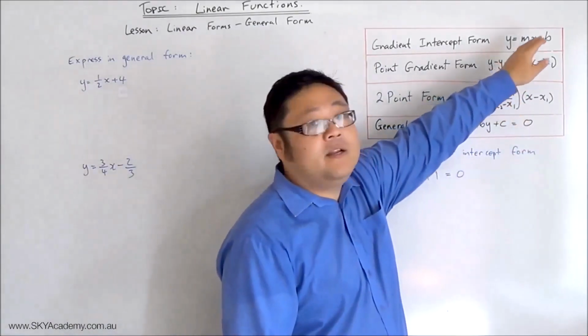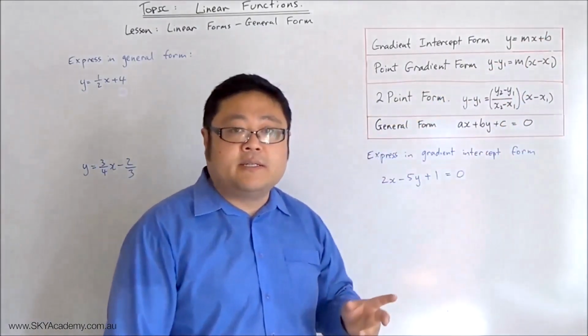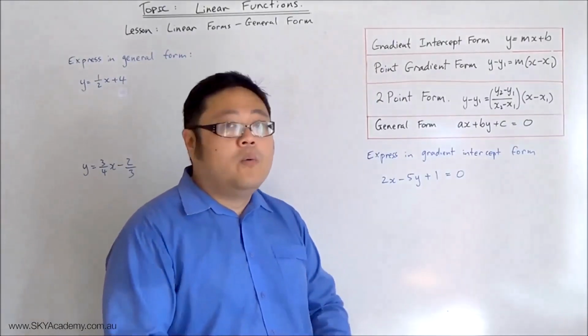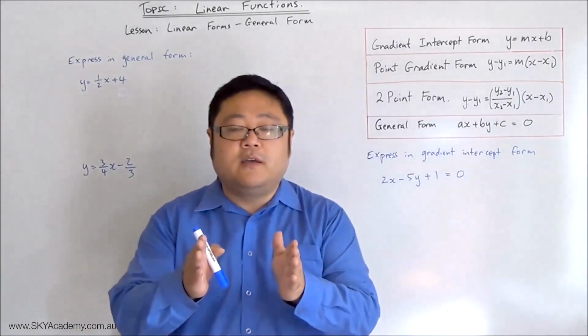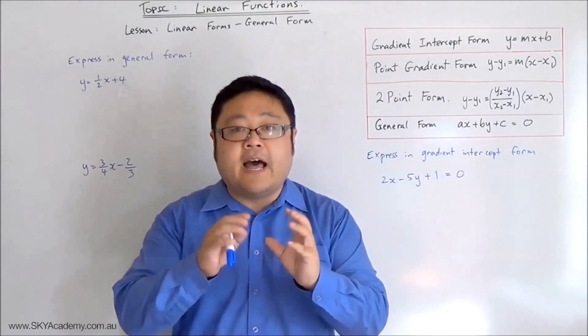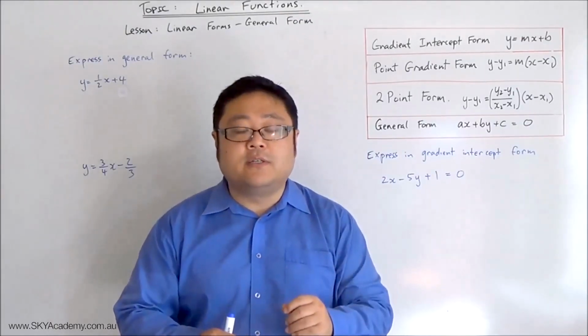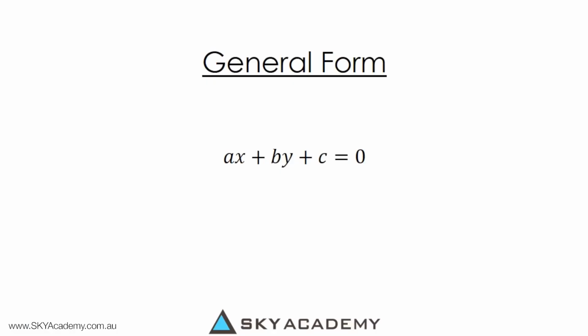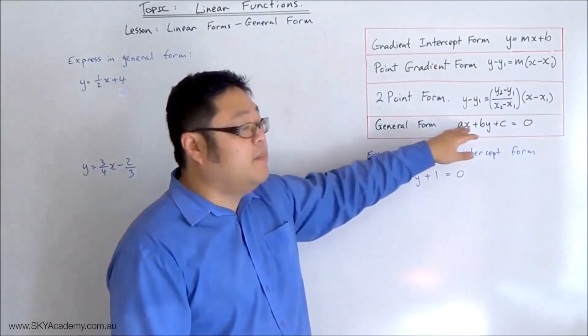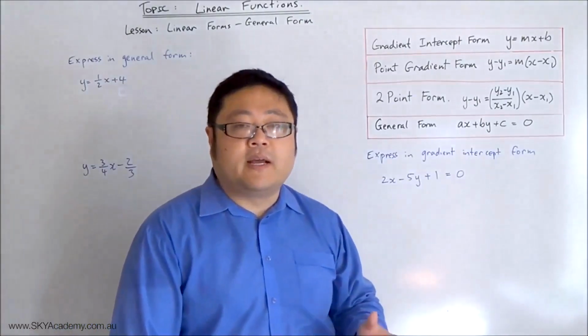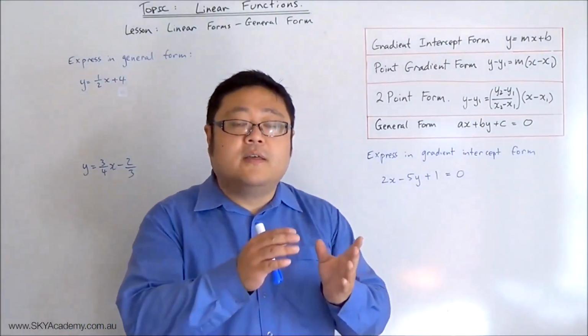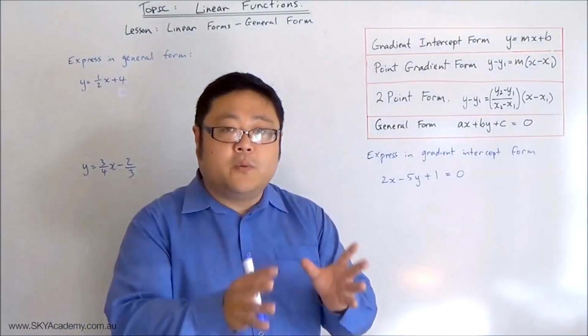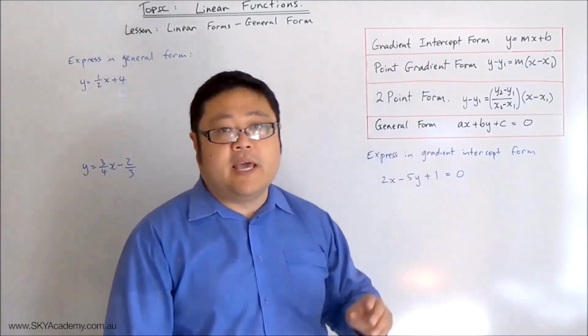It tells us the gradient, and it also tells us the y-intercept. When it comes to solving or using algebra with linear equations, the general form is often very useful for us, but it's not very useful when it comes to graphing.